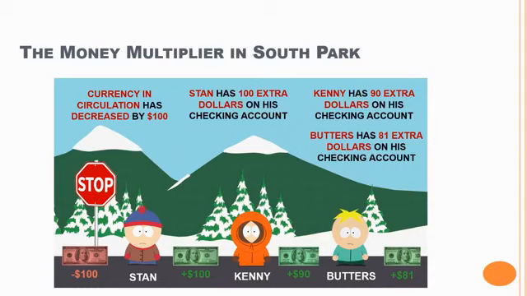So the main point here is that when Stan deposited money into his bank, this had no impact on the money supply. But as soon as the bank, South Park Hello Bank, made a loan of $90 to Kyle, this increased the money supply by $90. And as soon as South Park, which one was it? OMG Bank made an $81 loan to Cartman, this increased the money supply by $81.